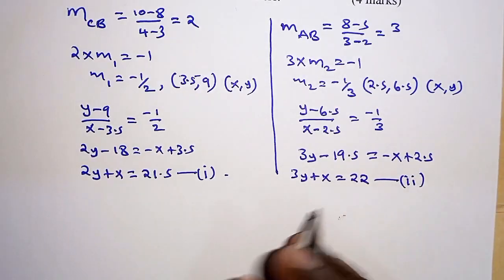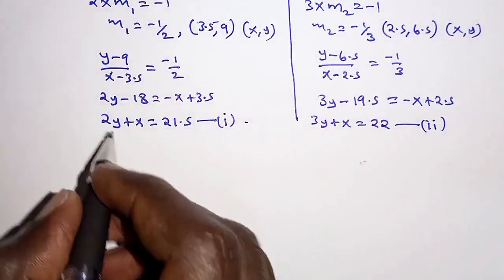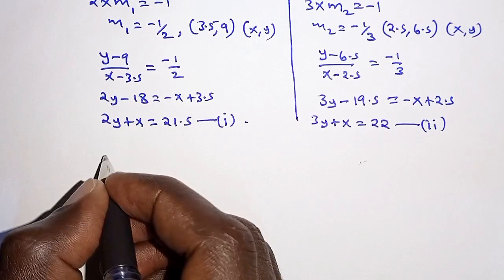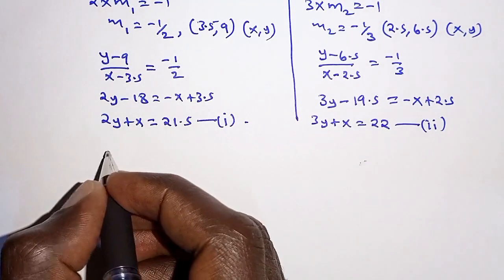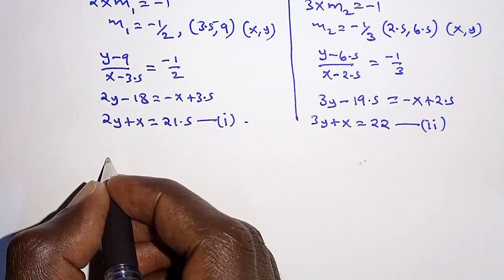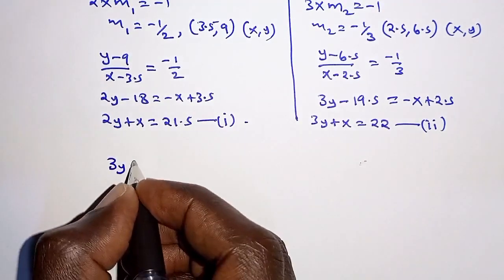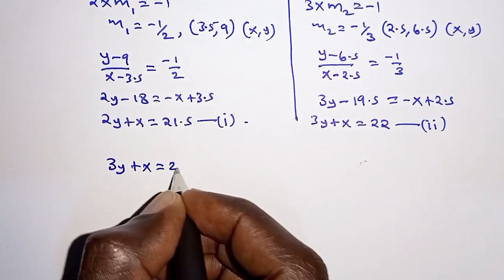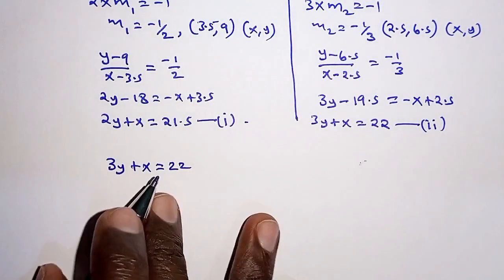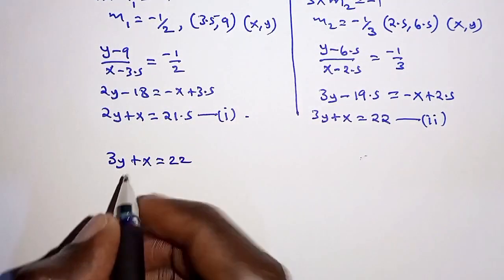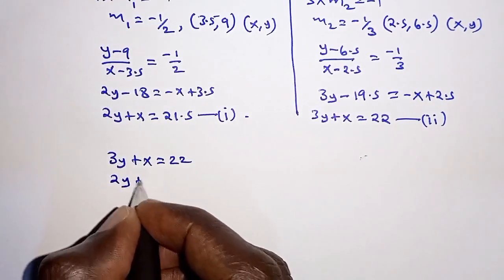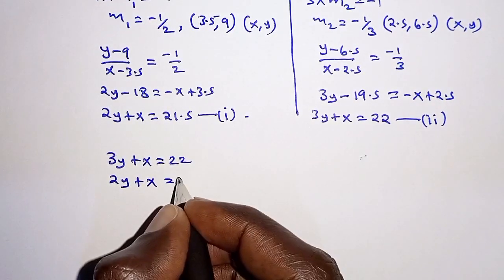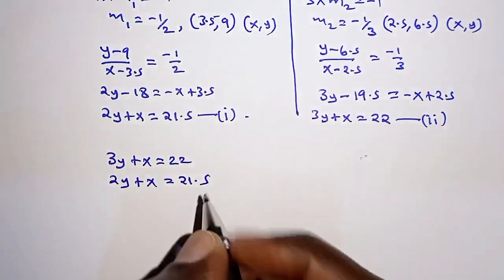Now we are going to solve these two equations simultaneously. So we have equation 1 and equation 2. So if we arrange them as follows, we have 3y plus x is equal to 22. That is for equation 2. And then you also have the other equation 1, 2y plus x is equal to 21.5.